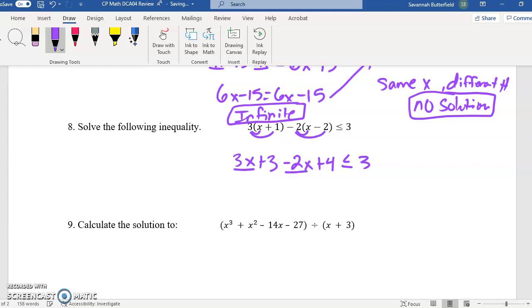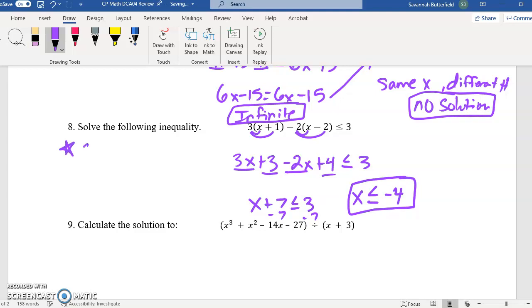Combine my x's, 3x and negative 2x is x, 3 and 4 is 7, and that's less than or equal to 3. So we're going to subtract 7. We're going to get x is less than or equal to negative 4. Simple as that. We treat it the same as other inequalities.